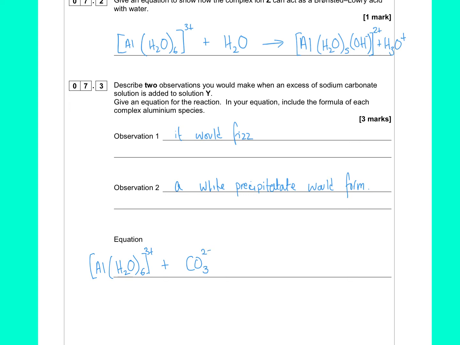So we say the hexaaqua aluminium reacts with the carbonate and is going to form an uncharged complex that will form the solid precipitate. So it's going to have 3 OH minuses.